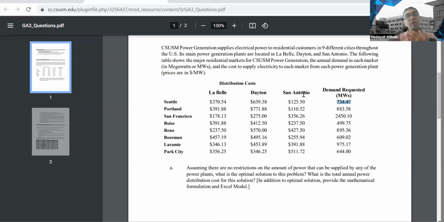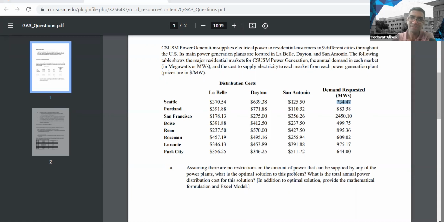So instead of just saying whether or not to supply by Dayton, for example, convert it and say how much of this demand is to come from Dayton, how much from San Antonio, how much from LaBelle. Does that make more sense or less sense? Yes. So now the decision, let me just open an Excel file.